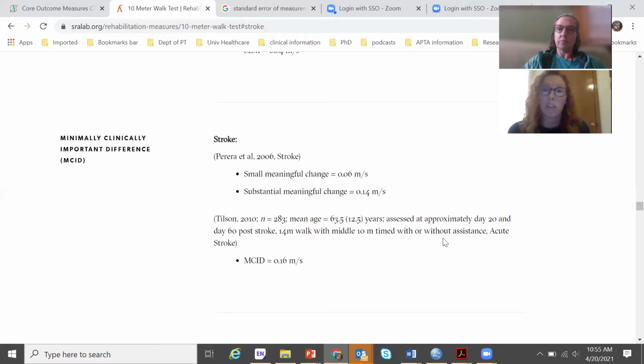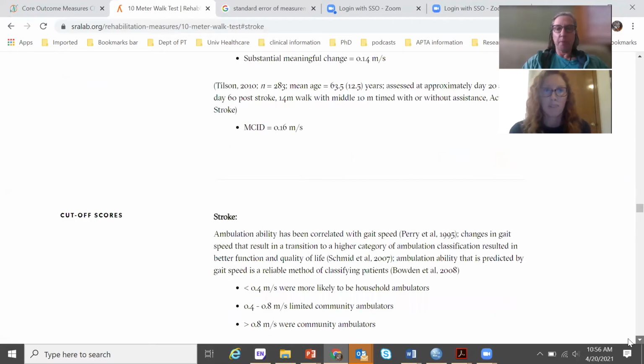The younger age may give her potential for greater improvements, but the chronicity may take away from some of those greater improvements.